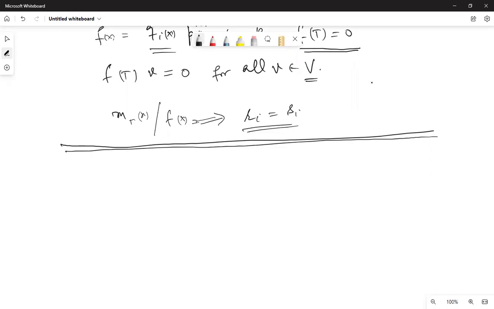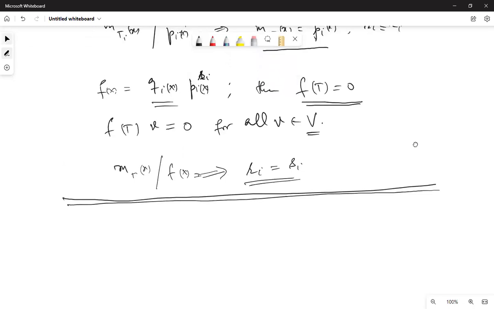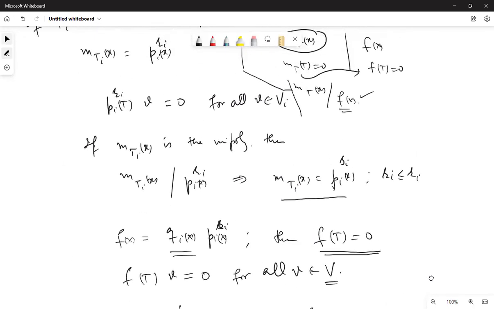Now we are going to the second part of this. Can you please move a bit upwards, where you have defined the minimal polynomial of Pi? You have taken that m_Ti(x) divides Pi to the power ri. How have you taken it to be exactly Pi to the power si? There can be some other multiple other than Pi. Pi(x) is an irreducible polynomial. m_Ti(x) would divide this.